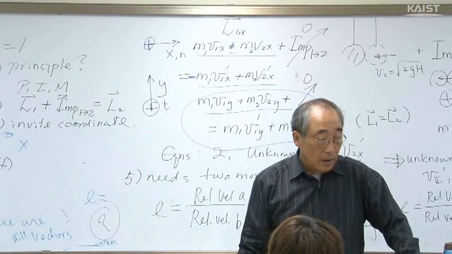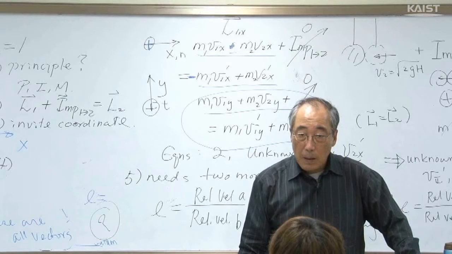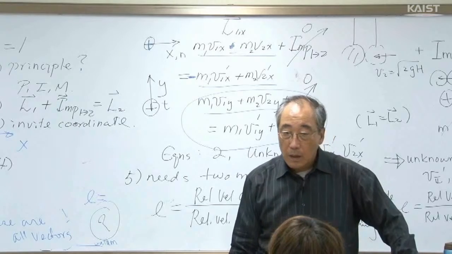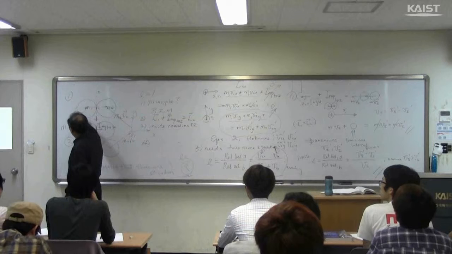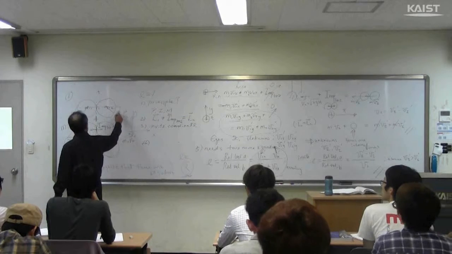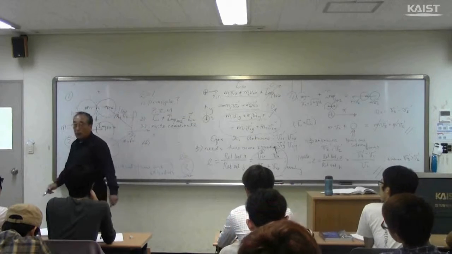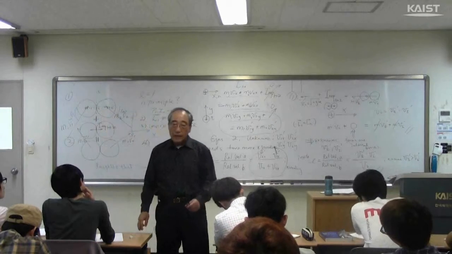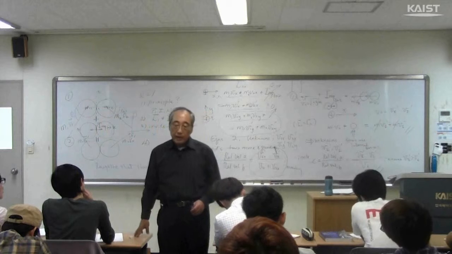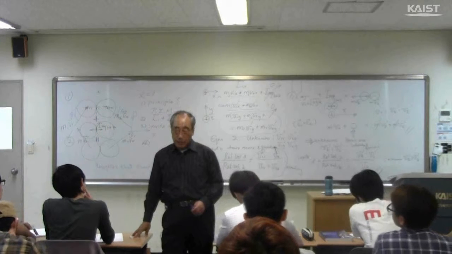So can you solve it? Certainly yes, because we assume that we know this theta and this theta. Therefore, we do know the relation between V1x and V1y and V2x and V2y.